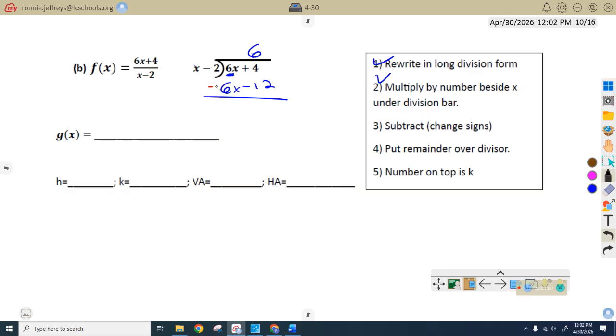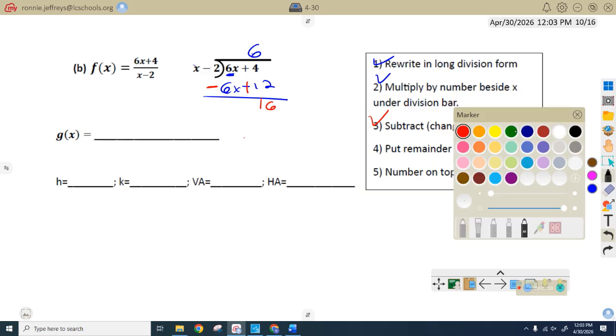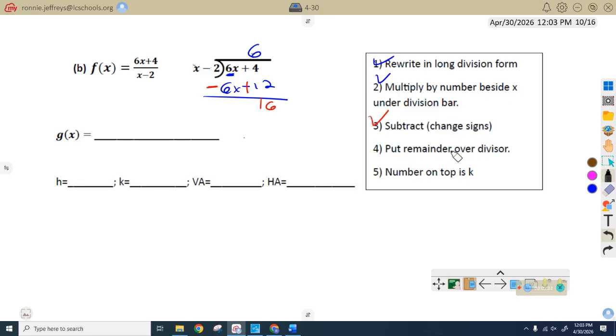So this becomes minus, this becomes plus. So what is left now? What is 4 plus 12? 16. Now, put the remainder over the divisor. So x minus 2, 16, and then plus 6.